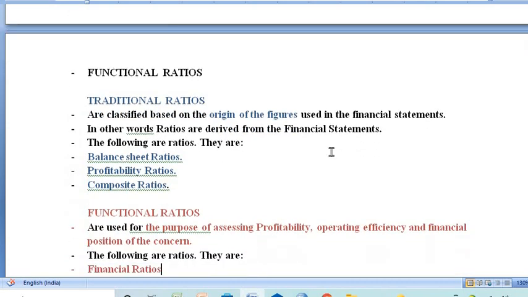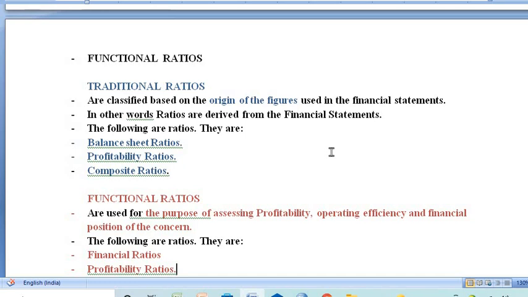The next one is functional ratios. This ratio is computed based on the function, operation or activity carried out in our business. So based on how we carry out the business, we use the financial variables from the financial statement. On this basis we compute a ratio, and such a ratio we call a functional ratio.